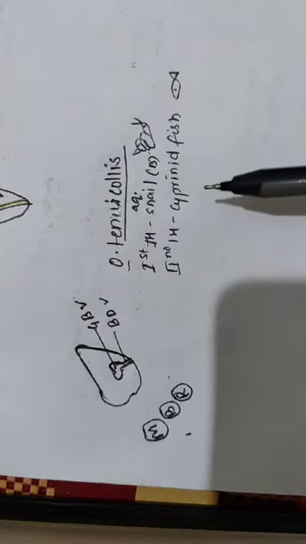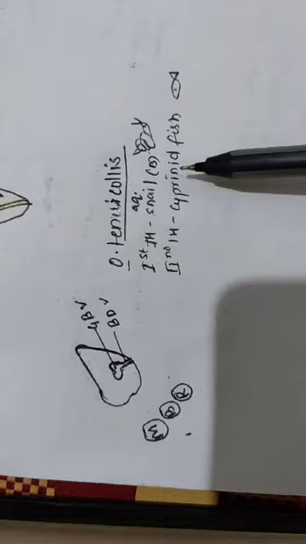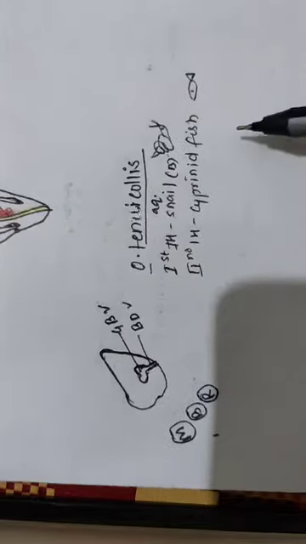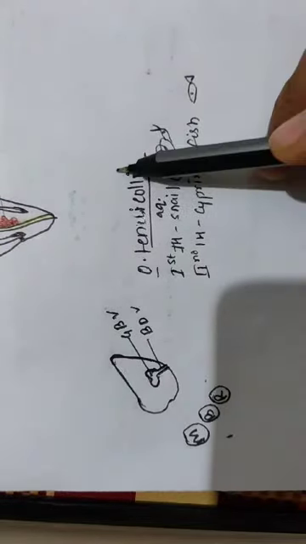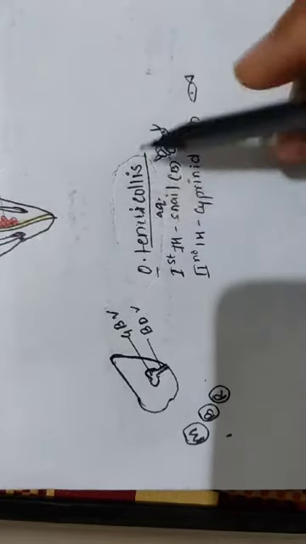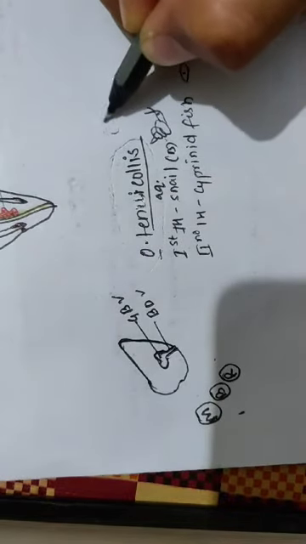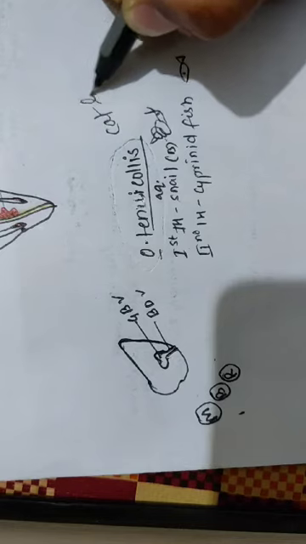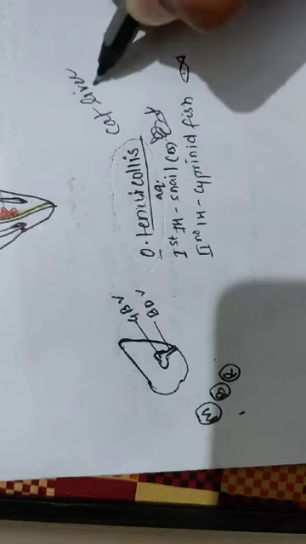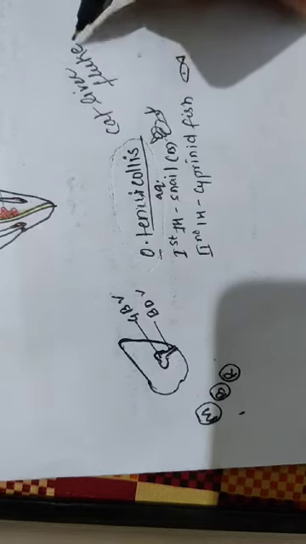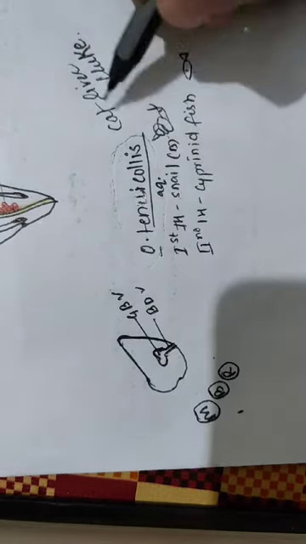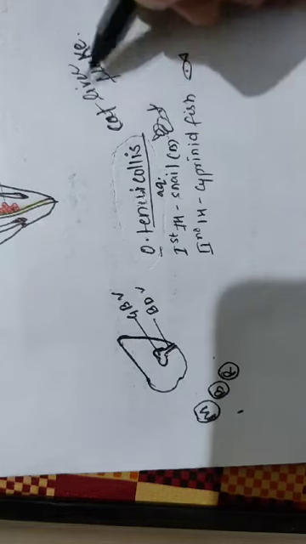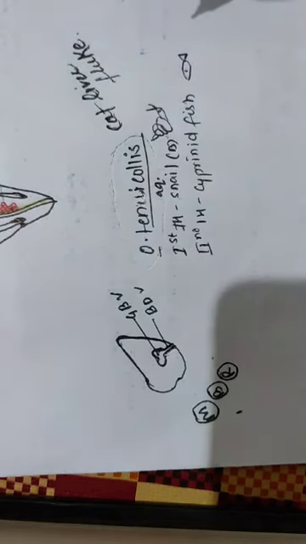These are the important characteristics. One thing that I have forgotten is that Opisthorchis tenuicollis is commonly known as cat liver fluke. This common name is also asked in the exam, that which fluke is termed as cat liver fluke. The answer will be Opisthorchis tenuicollis.